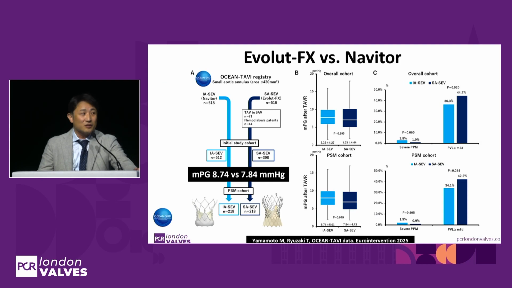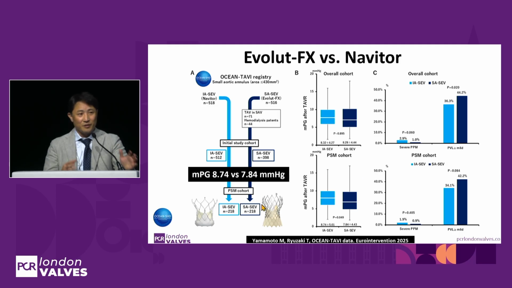And that is a great debate between the intraannular versus supraannular self-expandable valve. If we choose a supraannular self-expandable valve, we see better hemodynamics in terms of a lower mean pressure gradient, but the difference is only 0.9 millimeters of mercury.